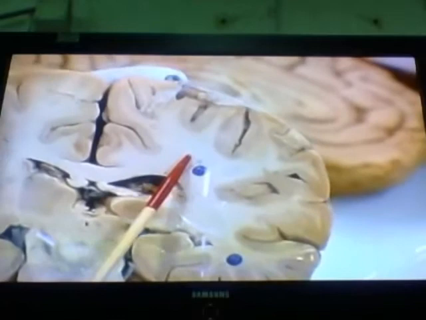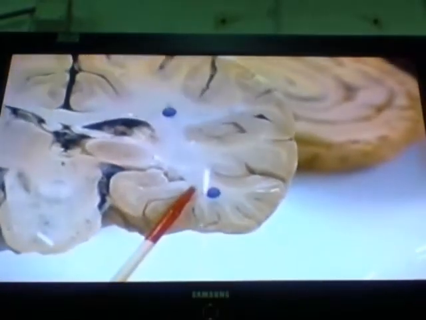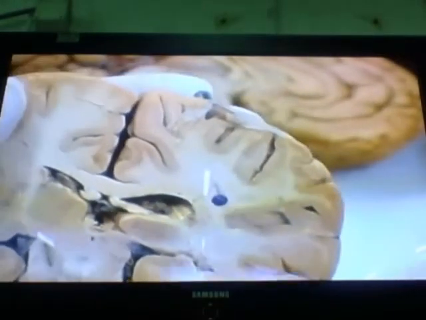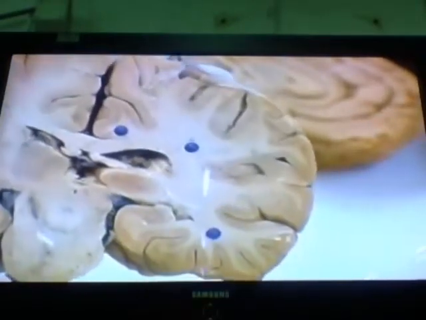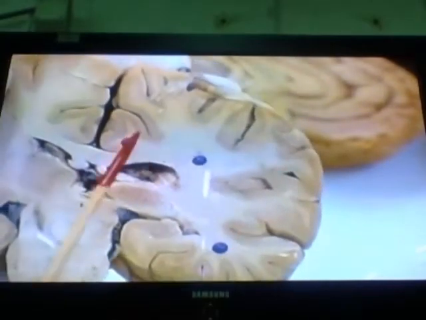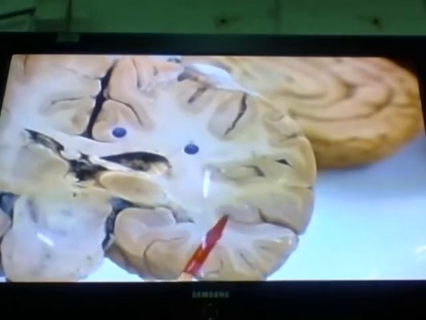What major association pathway would be located here? Superior longitudinal fasciculus, inferior longitudinal fasciculus, and right here, the cingulum. Three major association pathways: cingulum, superior longitudinal fasciculus, and inferior longitudinal fasciculus.